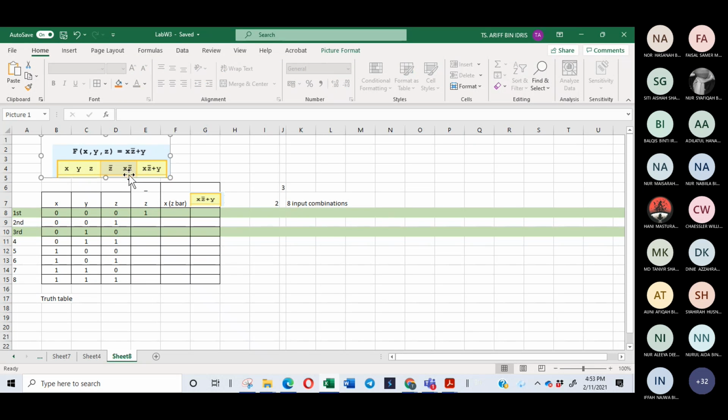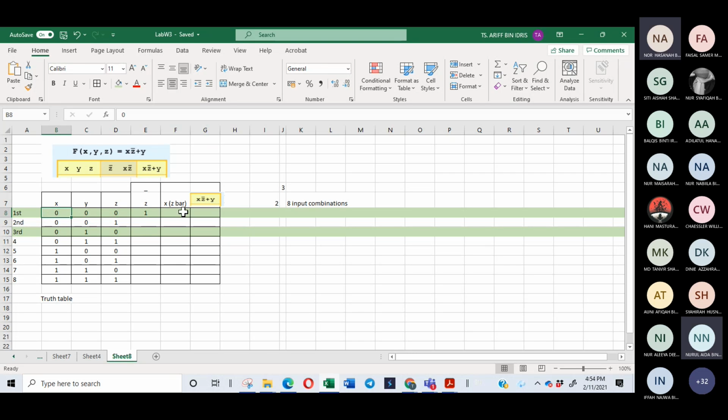Then the second one is x z bar: x AND z bar. We have the value for z bar, and we AND it with the value of x. What is 0 and 1? Zero.